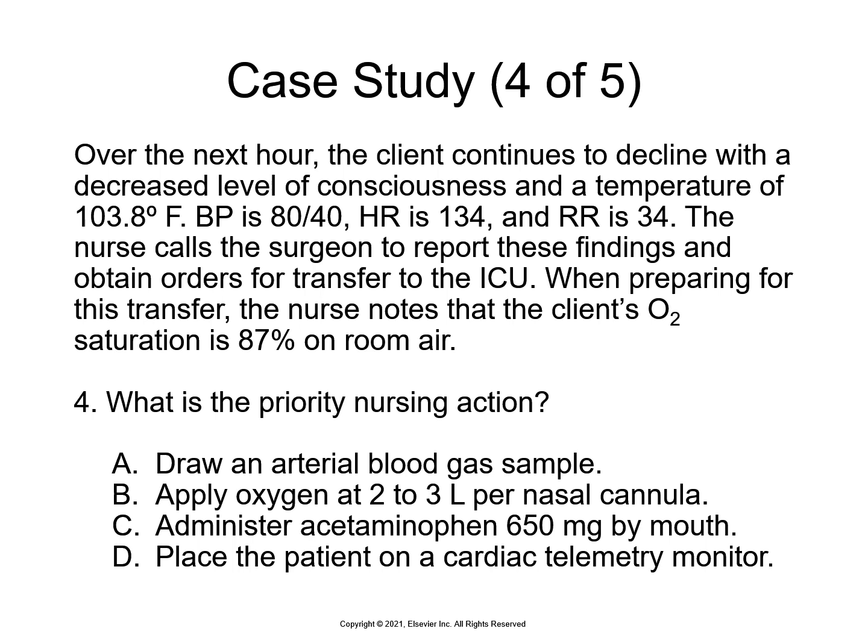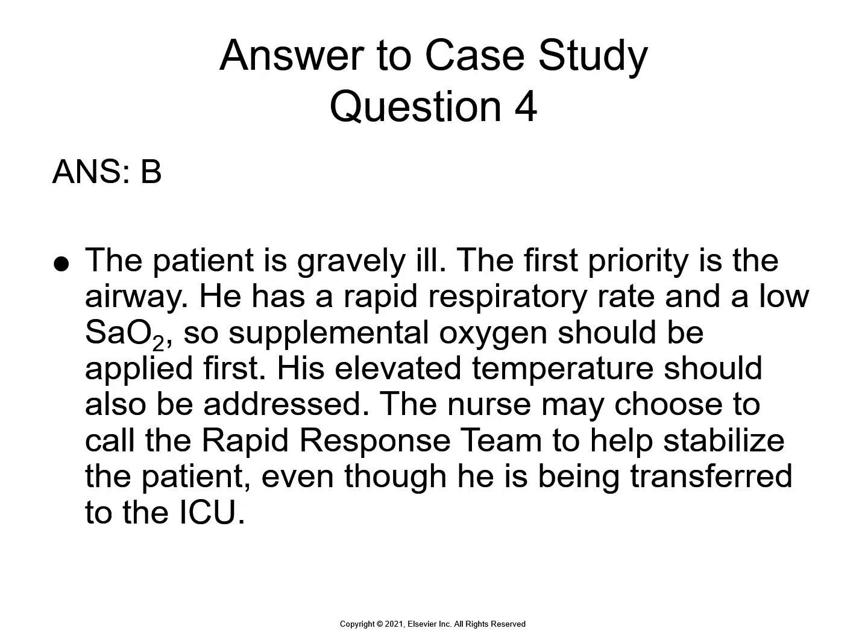Get an ABG, apply oxygen, give them their acetaminophen again, or place them on a cardiac telemetry monitor. I hope to goodness you know the answer to this. Obviously, we are going to give this patient oxygen. He has a rapid respiratory rate and a low SaO2, so you need to give him supplemental oxygen.